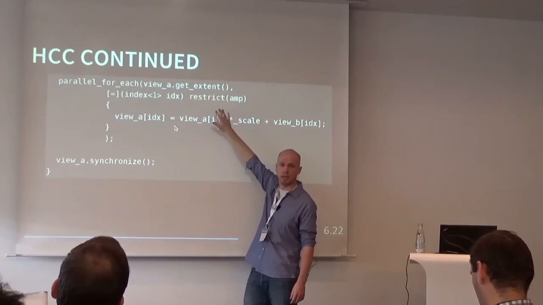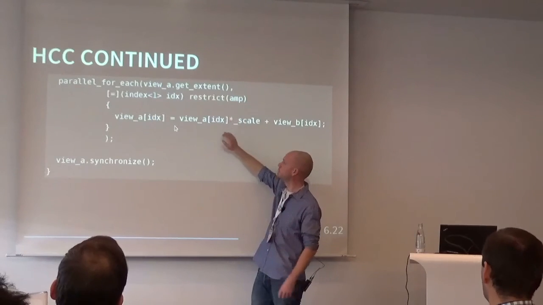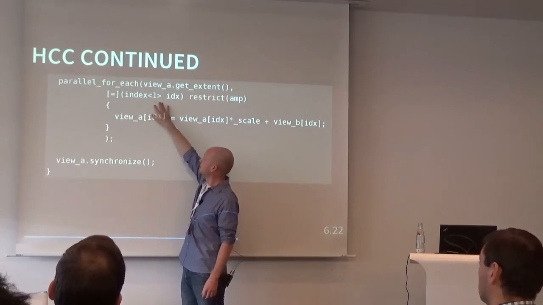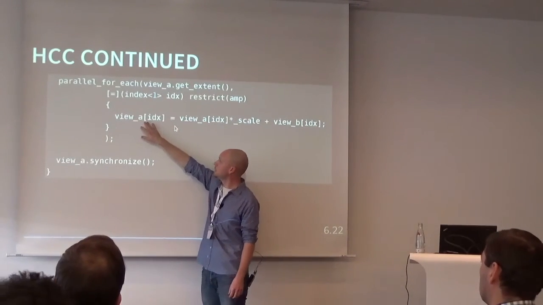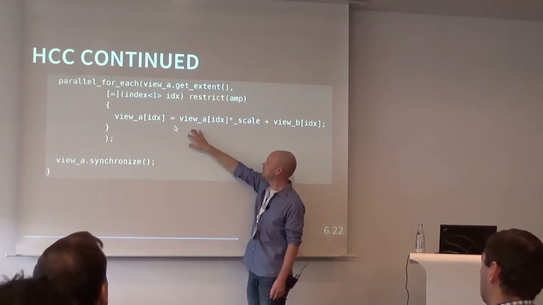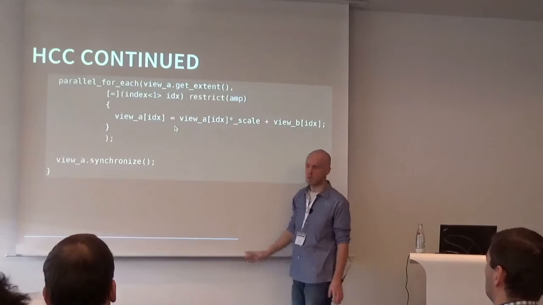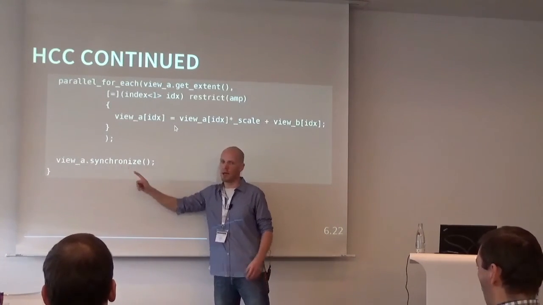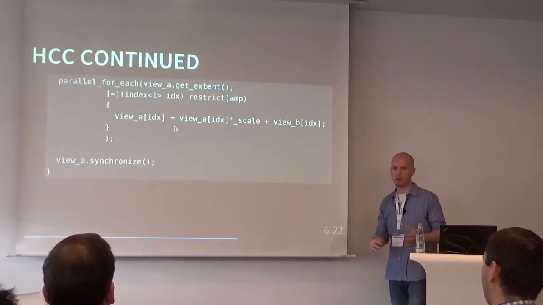AMD developers told me they want to get rid of this restrict, which I'm very much in favor of. So you provide a lambda with a defined index object, which basically communicates with the extent. And then I can simply use the index as I know it in the subscript operator and do my work. And then I'm done. Nice thing as well, the API offers manual synchronization, so I have control over which portion of memory is transferred where. Okay?